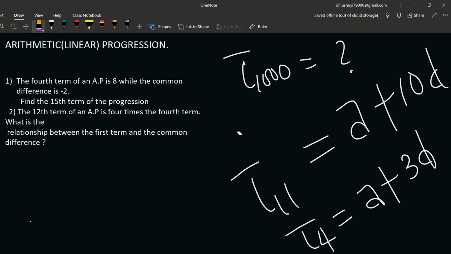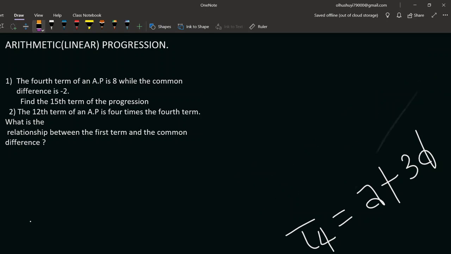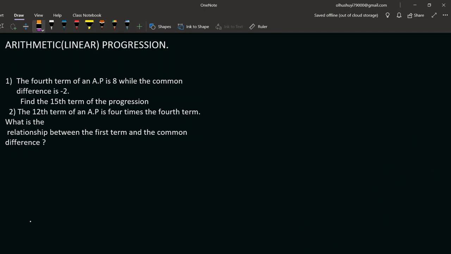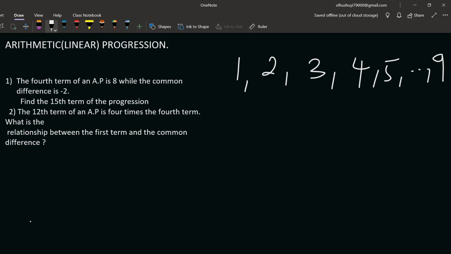Now, what's the formula for an AP? The formula for an AP is Tn, the nth term of an arithmetic progression. When you have a progression like 1, 2, 3, 4, 5, and on and on, this is an arithmetic progression.